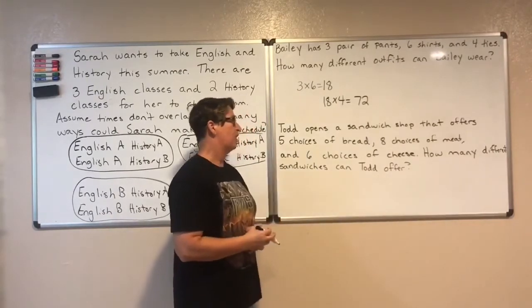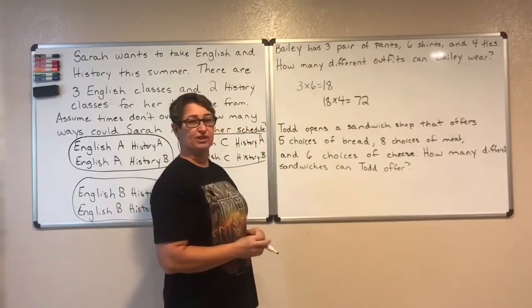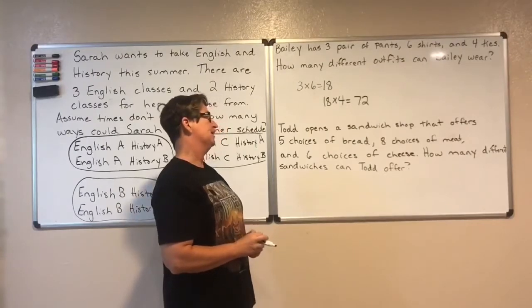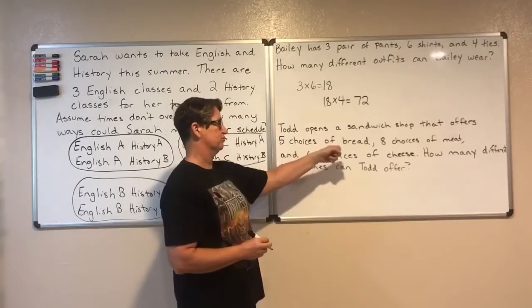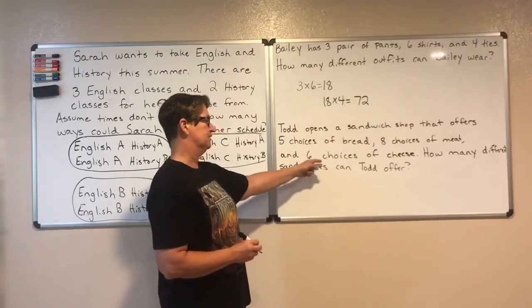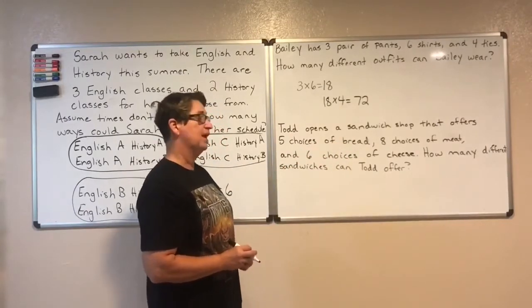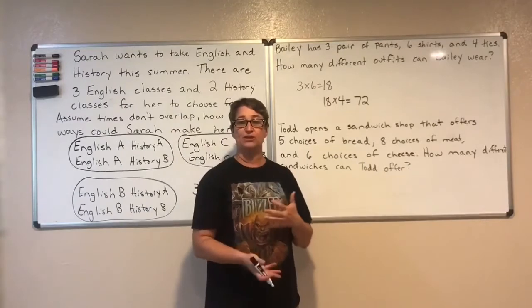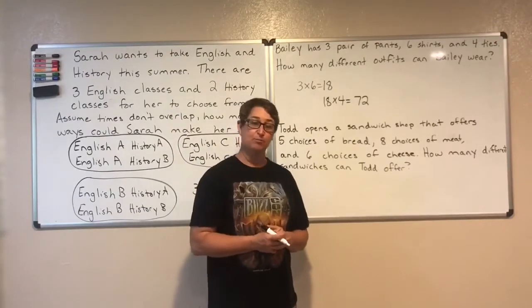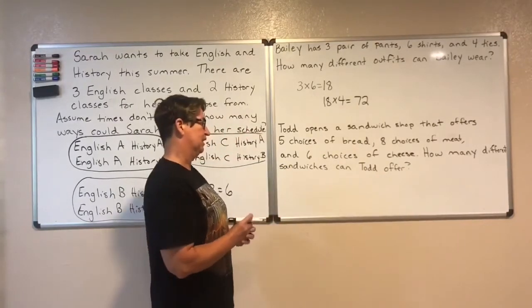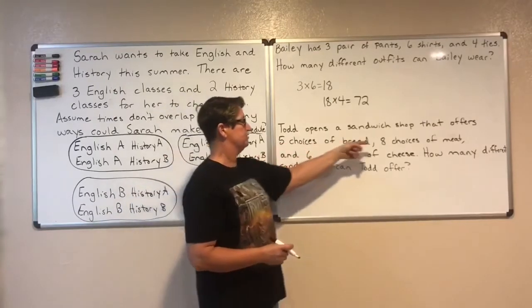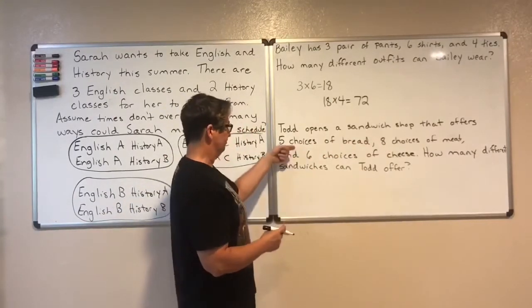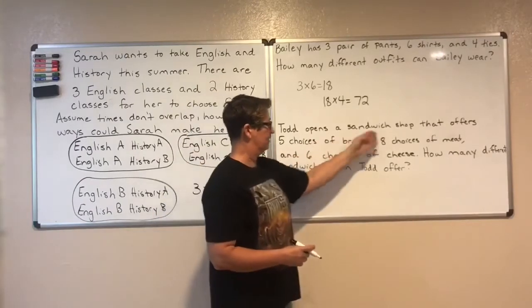One more example. Todd has a sandwich shop that he decides to open, and with the sandwich shop, he's going to offer 5 different choices of bread, 8 choices of meat, and 6 choices of cheese. And we want to know how many different sandwiches he can put on the menu. Well, 5 choices of bread with 8 meats, so think of this as your groups, and this is how many are in it.